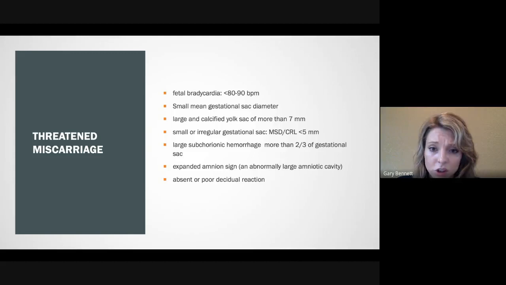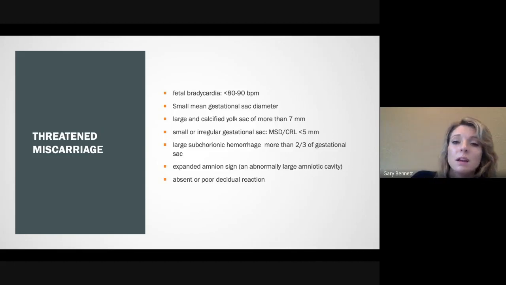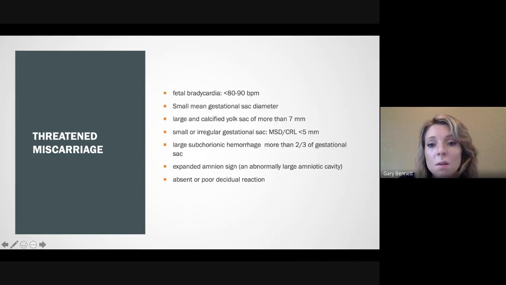If the gestational sac is too small, or if the yolk sac is really big and calcific, that would be a sign. But again, none of these are going to be clear, for sure markings. They're more just indications that the pregnancy may not continue and proceed the way that it should. We have a small gestational sac on here again.